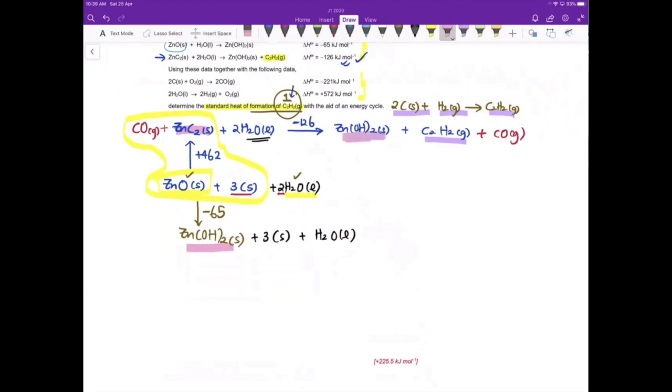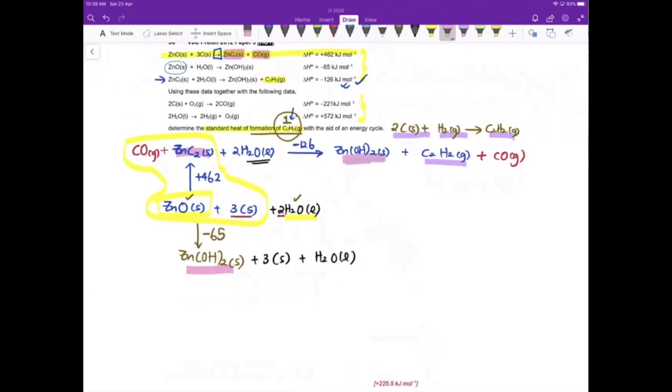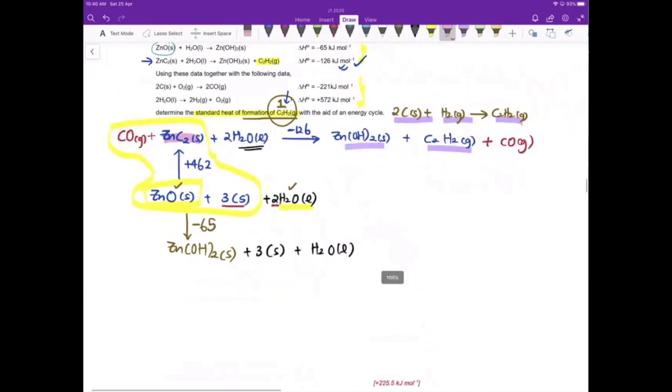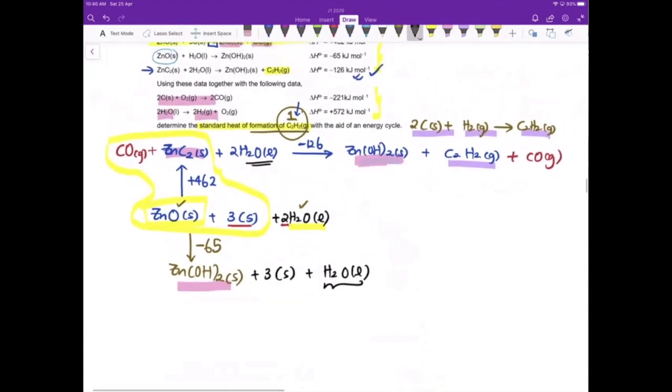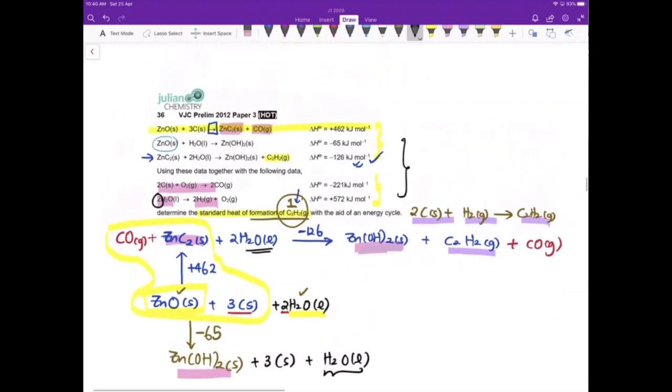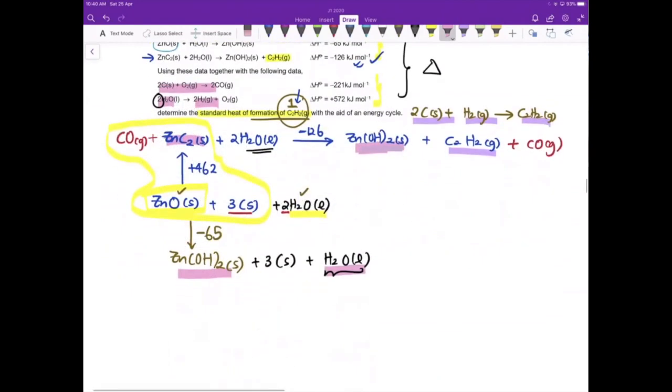Okay, what we need to do is to convert the carbon to carbon monoxide, which is shown here, or to convert the liquid water to hydrogen and oxygen gas. So let's do liquid water first. So this is 1 unit of liquid water, but there is 2, right? Remember, everything here you can manipulate. Here you don't touch, you keep to 1 unit of water.